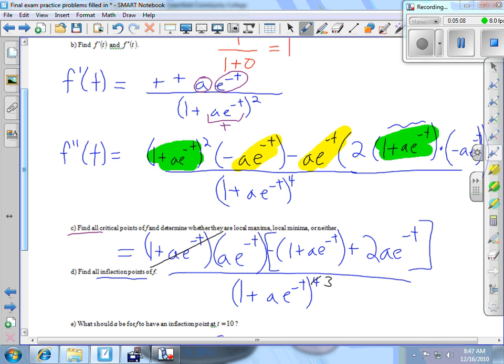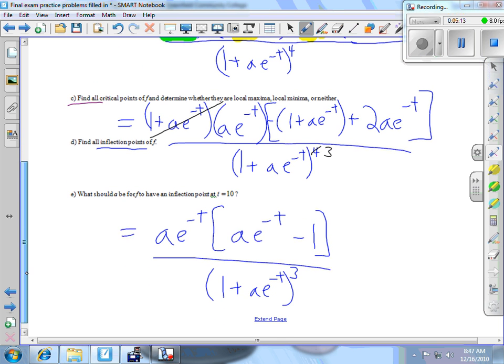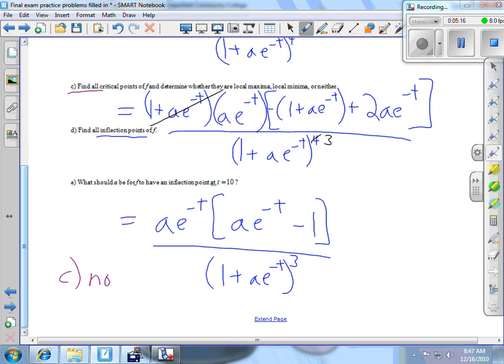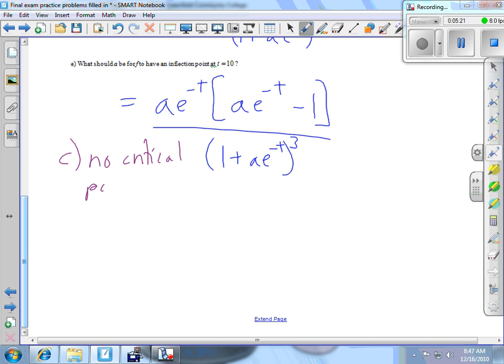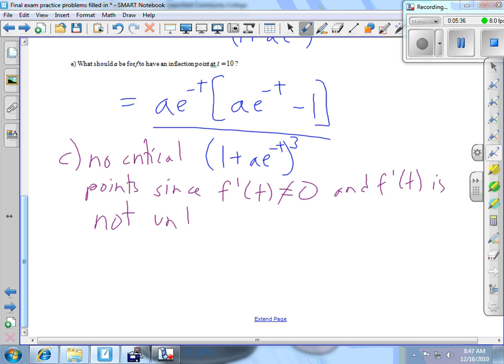So the derivative is never 0 on the top or the bottom, which means there are no critical points, because f prime of t is never 0 and f prime of t is never undefined.